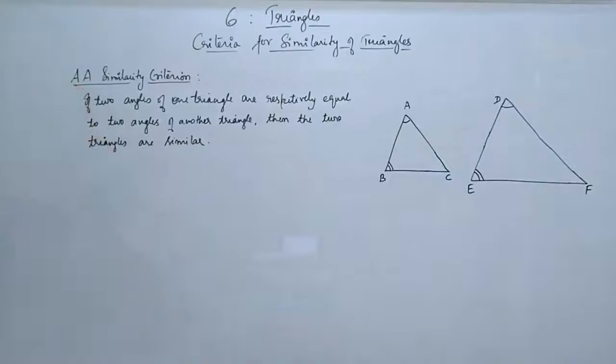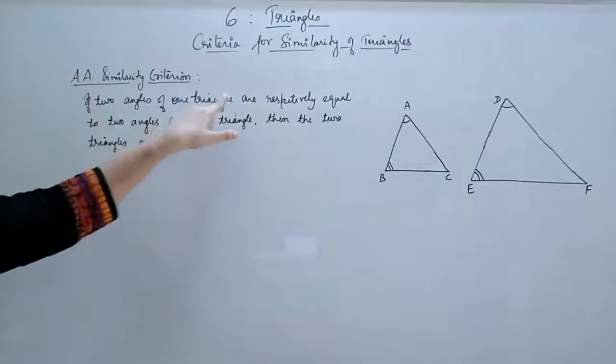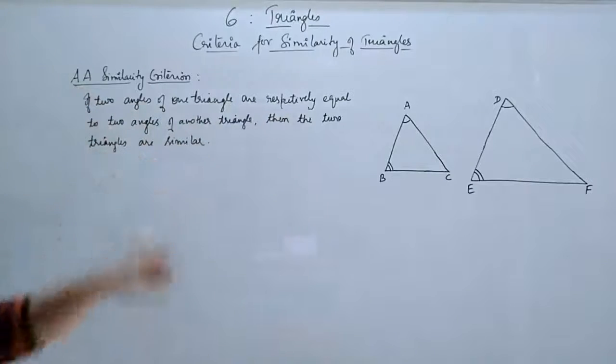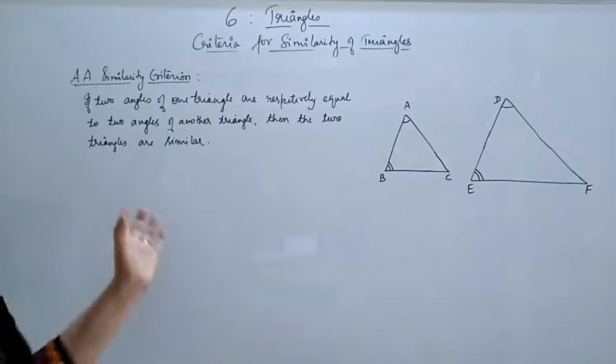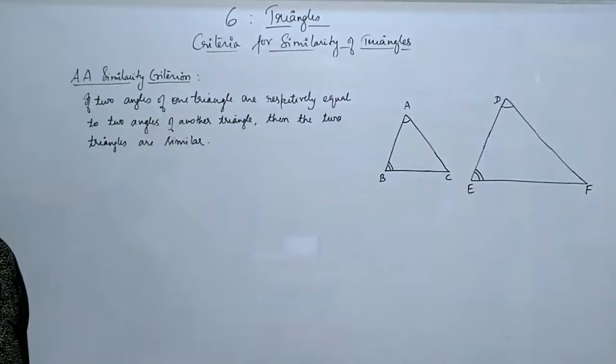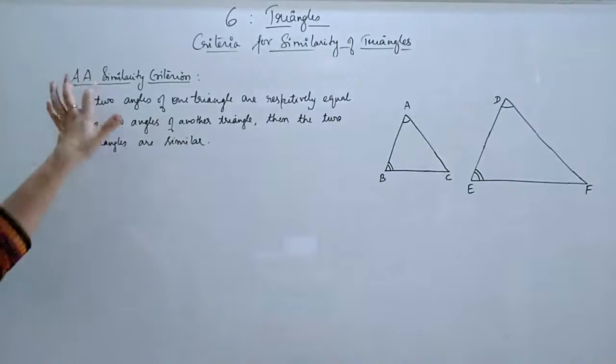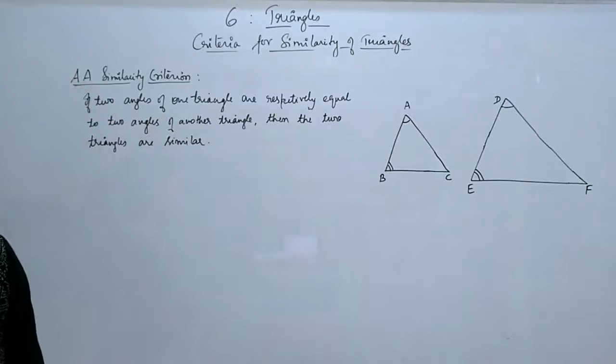So the statement of AA similarity criterion is, if two angles of one triangle are respectively equal to two angles of another triangle, then the two triangles are similar. So instead of using AAA, if you are able to prove that two angles are equal, then you can say that the two triangles are similar using AA similarity criterion. Okay.